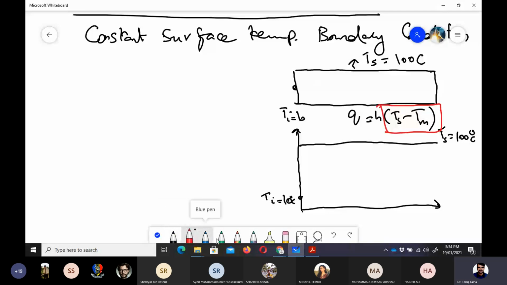So it would be an exponential kind of rise, because as we move along, the temperature difference Ts minus Tm would decrease along the length. So the heat transfer would also be more gradual. It cannot reach Ts, so it is an asymptotic line.